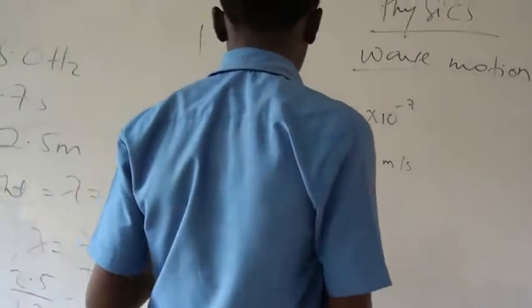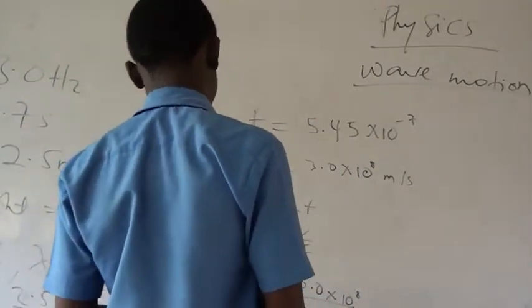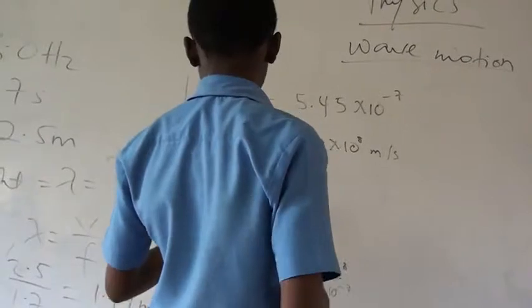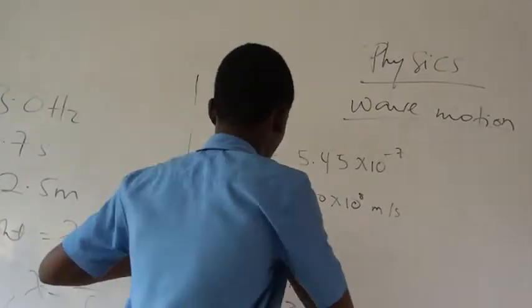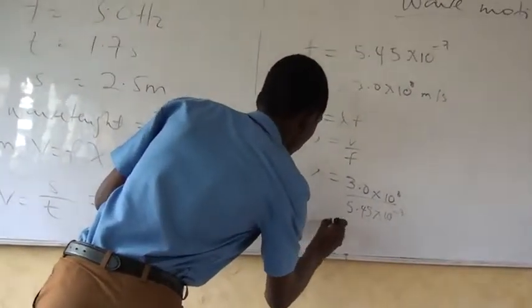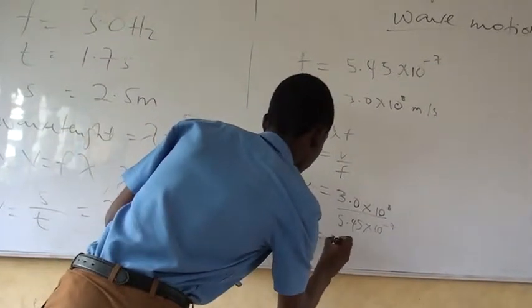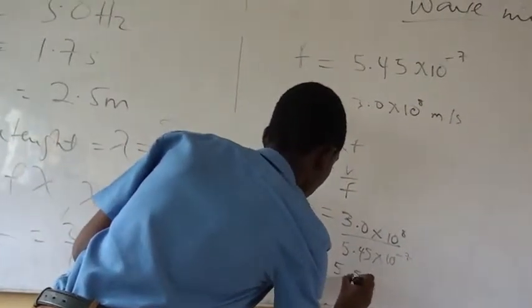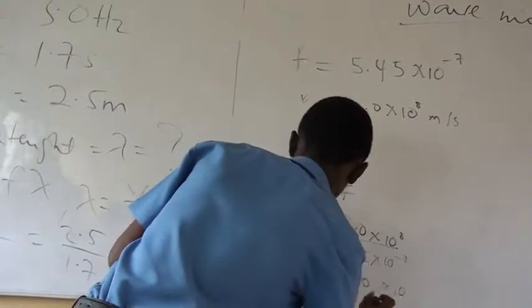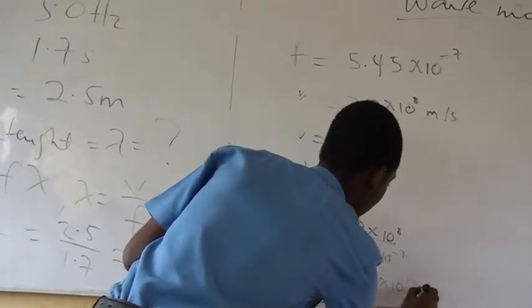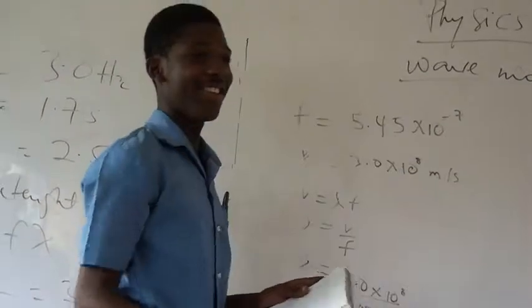So if we punch this on our calculator, our wavelength is going to be equal to 5.50 times 10 to the power 14. Yeah. All right, clap for him.